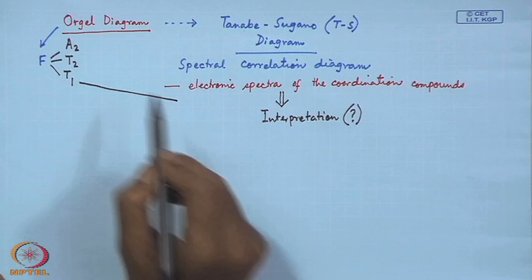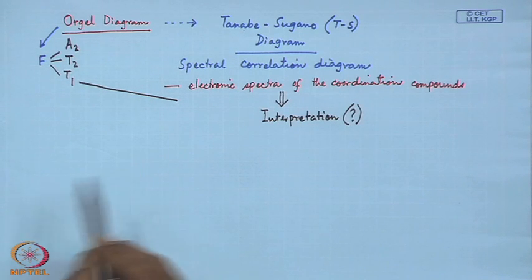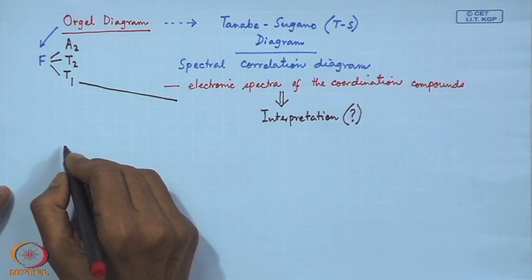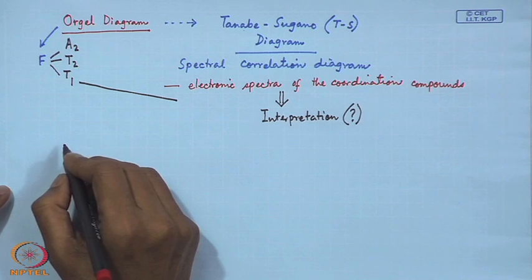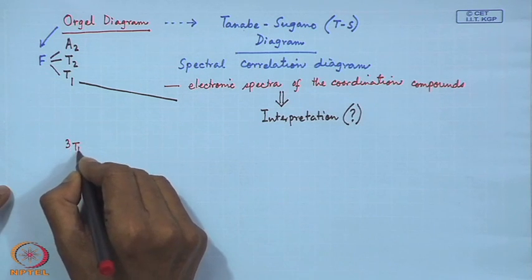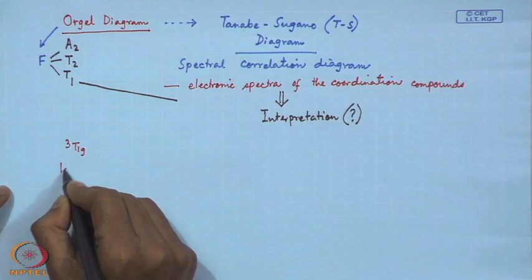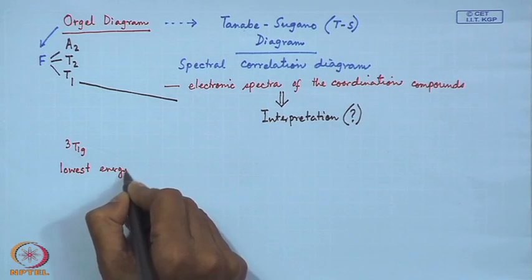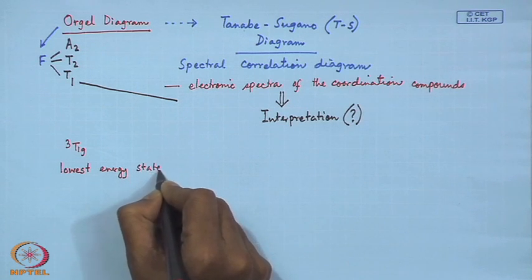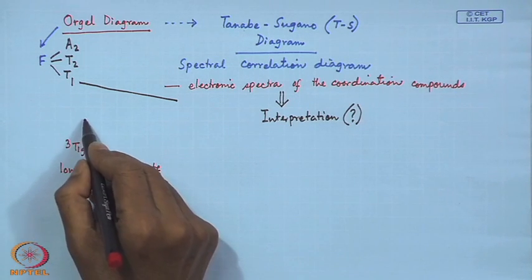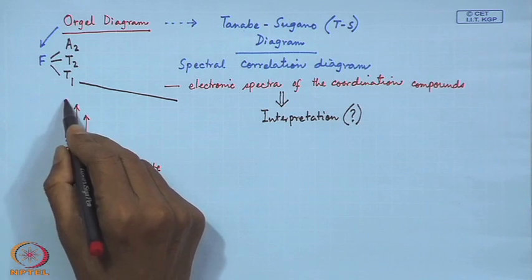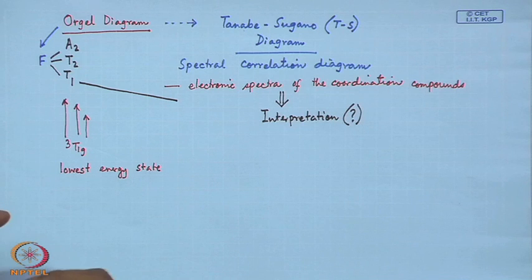But in this particular diagram, which is different from the Orgel diagram, the identification is based on the lowest energy state, which is very important. Suppose the lowest energy state is 3T1G. Then we will be talking about the different transitions from this state.